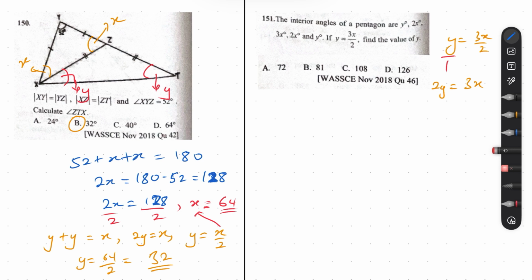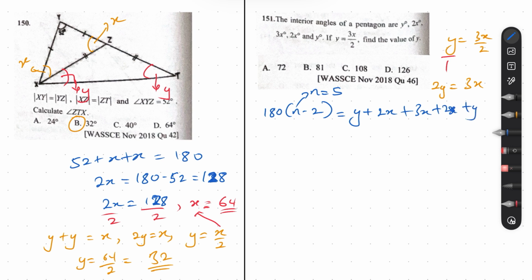So now let's go back to the interior angles of our polygon. Now we know that the sum of the interior angles of a polygon is 180 times n minus 2. But we know here that this n is 5 because we are dealing with a pentagon. This will be equal to the sum of all the angles we've been given: y plus 2x plus 3x plus 2x plus y.